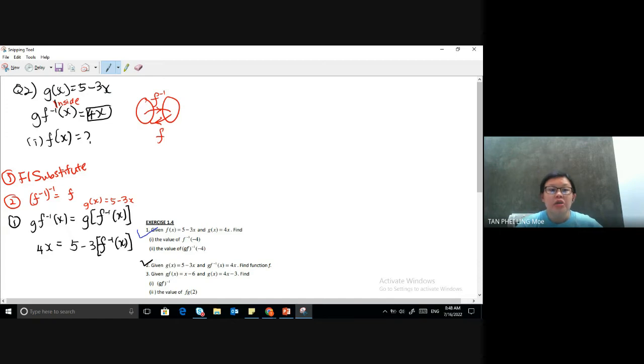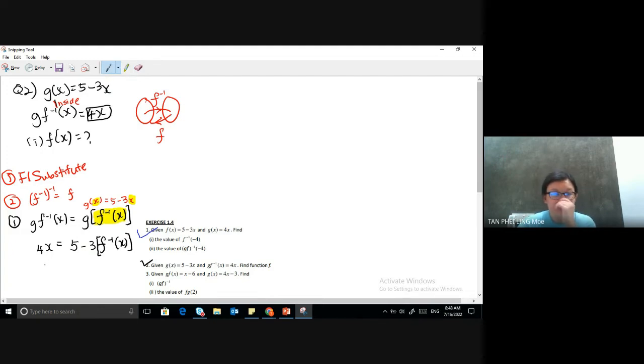We use the function g because g is the outside function. It's just that the whole x has become f inverse x. That's why when I write down 5 minus 3x, my x, the whole x, also becomes f inverse x. Because f inverse x is what I don't know.